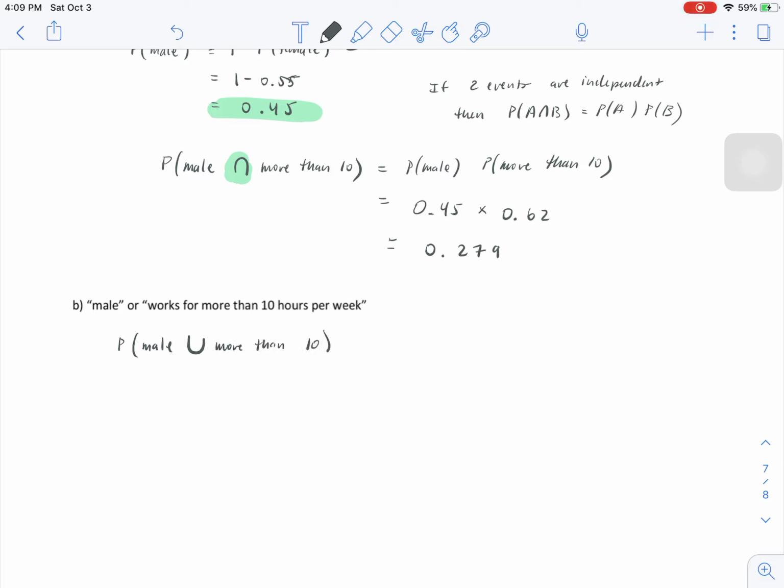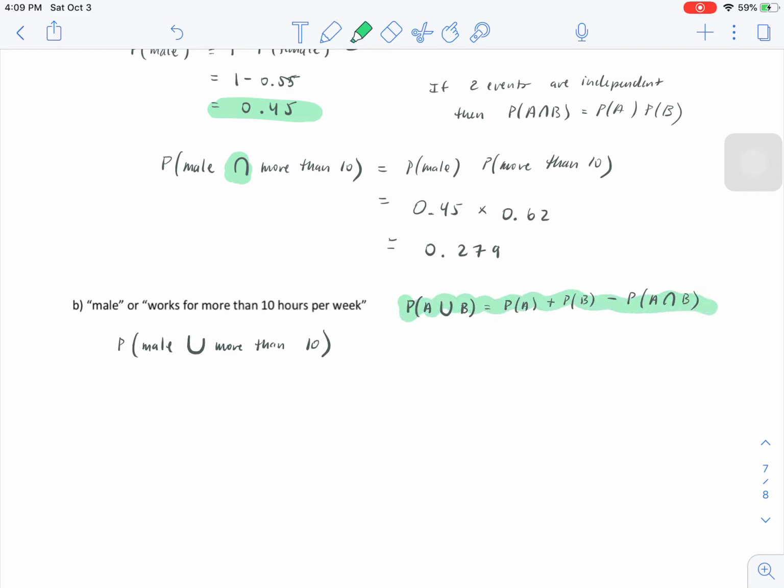To do this, all we need to use is a probability axiom that we learned last week. One of the probability axioms that we learned was that the probability of the union of any two events is just equal to the probability of one plus the probability of the other minus the probability of their intersection.